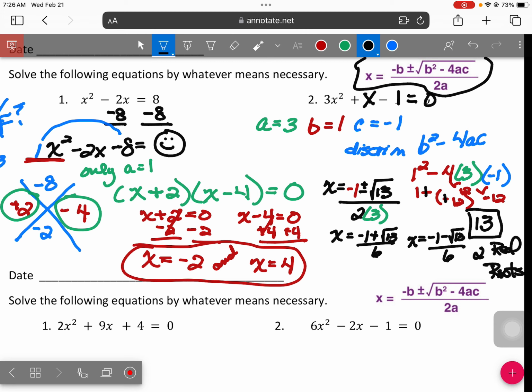You need to get that numerator at the top. Okay? Divided by 6. Enter, and the 2 arrows, and did anybody get an answer? Anyone?